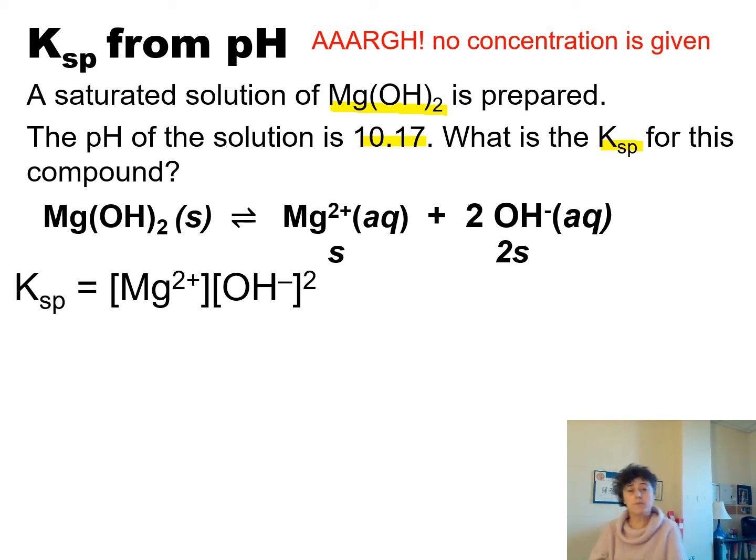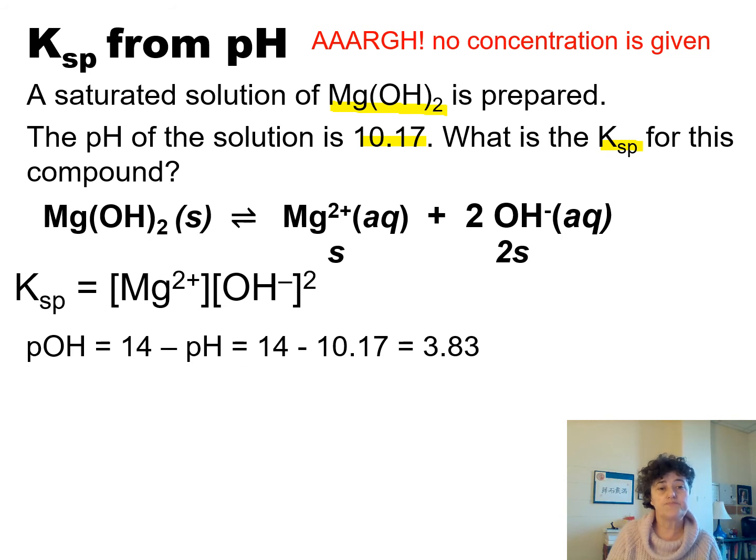Now you might remember from the unit about acid-base equilibrium that the pH is minus the logarithm of the concentration of the H plus, and the pOH is minus the logarithm of the concentration of the OH minus. The two, when added together, give you 14.